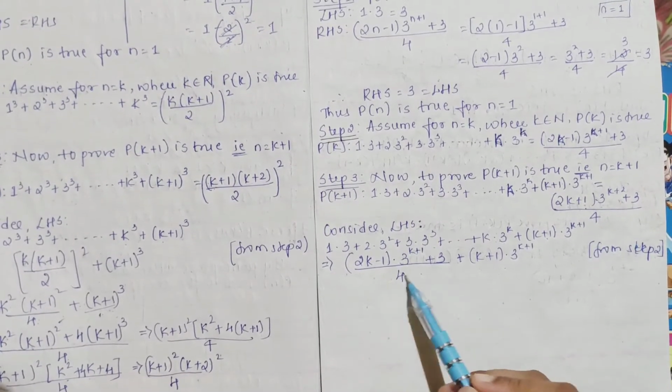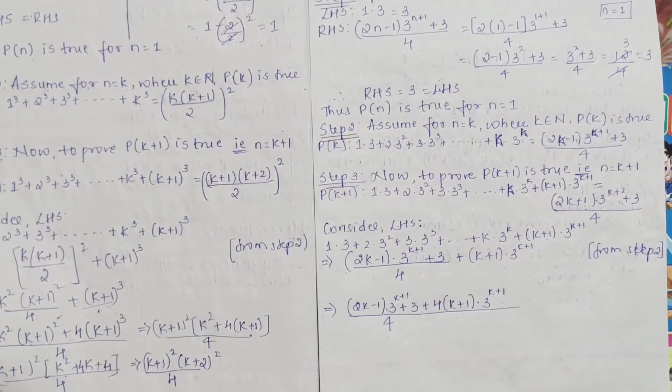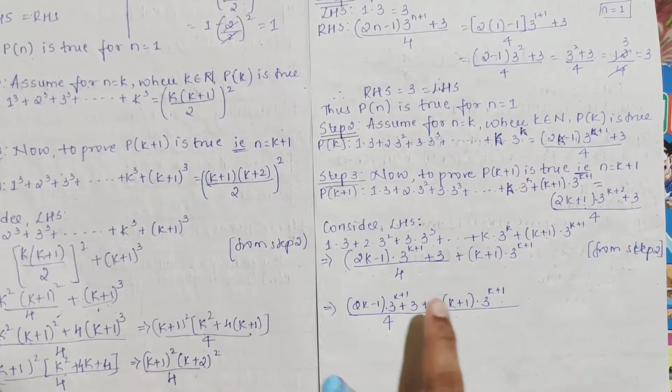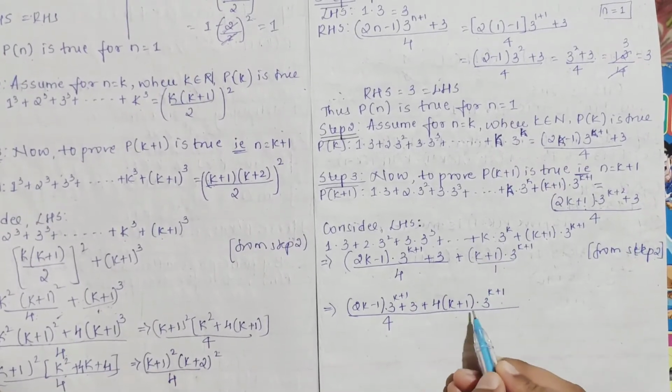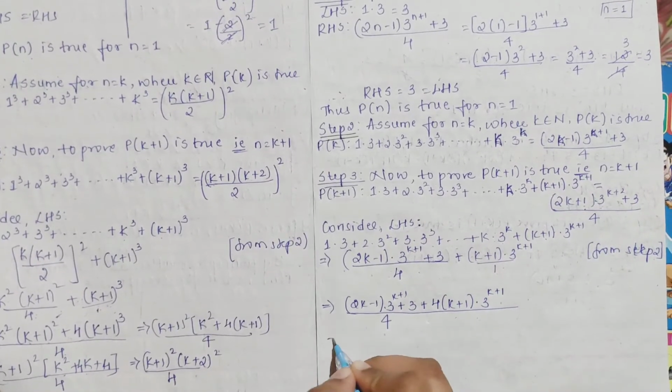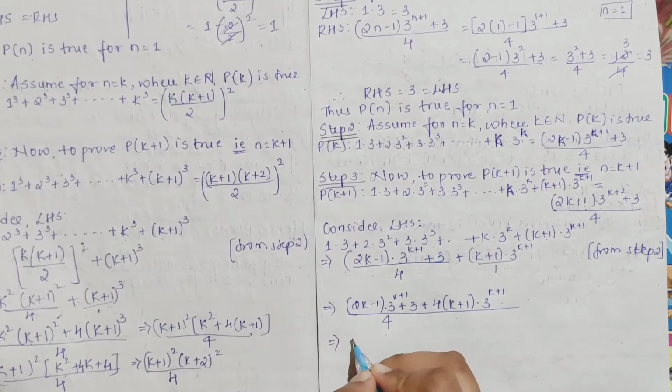Now we will take LCM. 4 will be our LCM, right? So we have taken our LCM. See here 4, here it will be what? 1. So we are multiplying by 4, right? 4 into (k plus 1) into 3 k plus 1. See here you can see 3 k plus 1, I can take common.